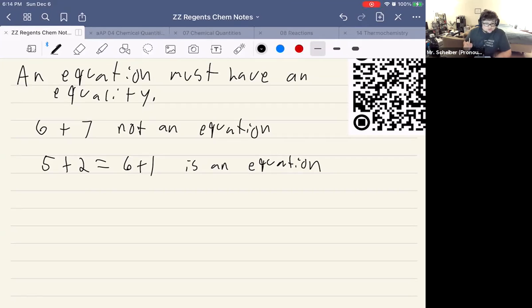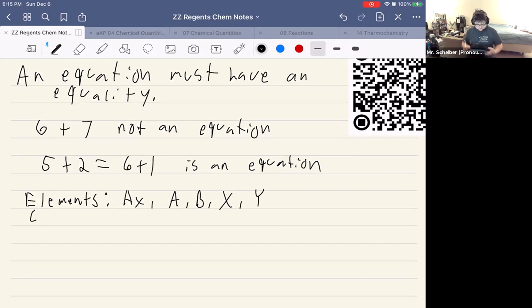So we're going to remind ourselves that, let's say we have a couple of elements. And remember that elements can be either big letter, little letter, or just A, B, X, Y. And then we have some compounds.